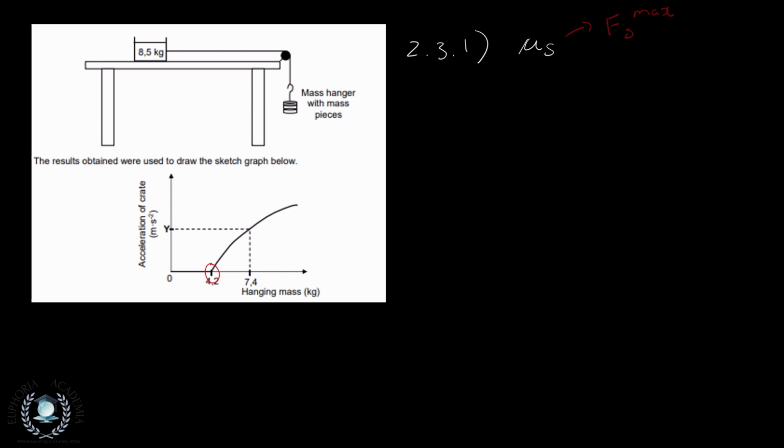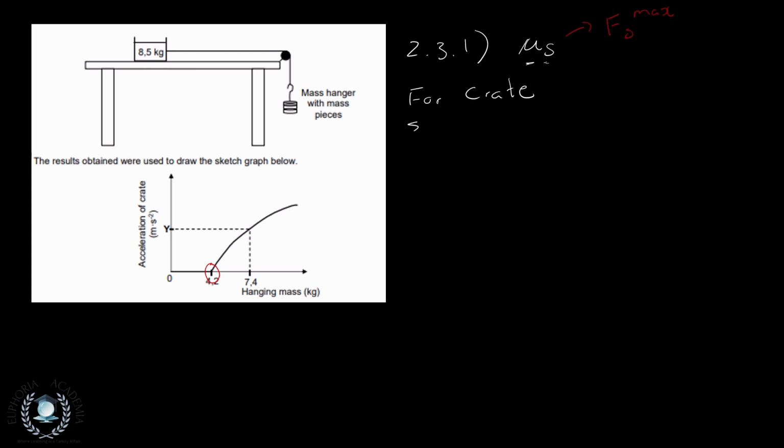All right, so we know that we have the crate. We're just going to divide it up now. For the crate, what forces do we have? Well, we already did it in the question before. We have tension acting to the right, and then the friction acting to the left. So let us write that equation.